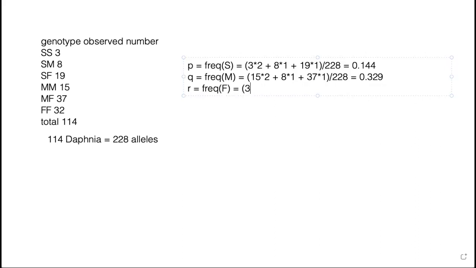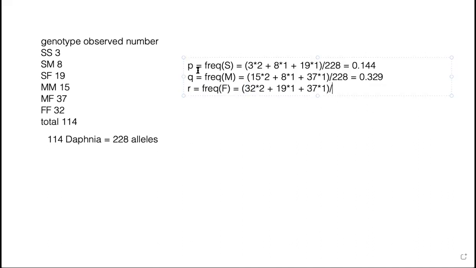Well, we have 32 FF individuals that have 2 alleles each. And we have 19 individuals with the SF genotype that have 1 F allele each. And we have 37 individuals with the MF genotype that have 1 each.